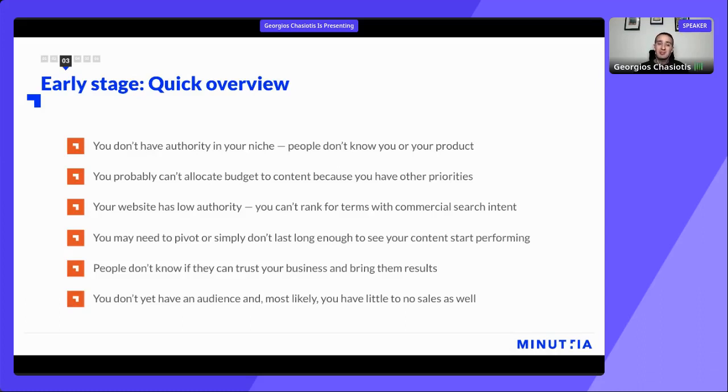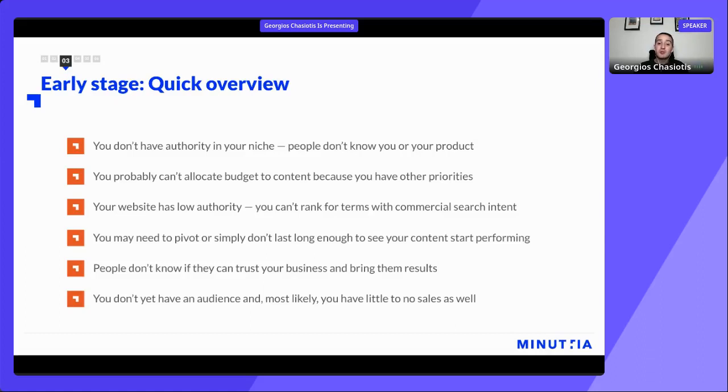At the same time, and this is extremely important, that many people seem to overlook when it comes to where am I going to invest time and resources: keep in mind that you may need to pivot in 6, 9, 12 months from the moment that you initiate a content SEO strategy. You may need to pivot.